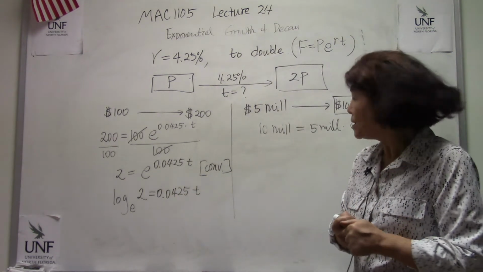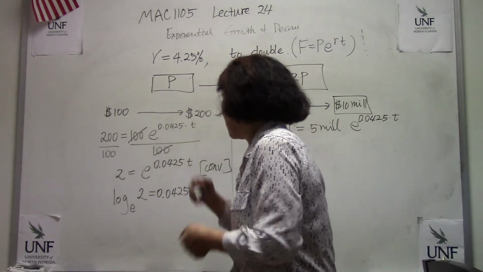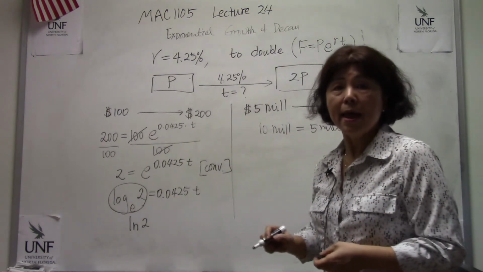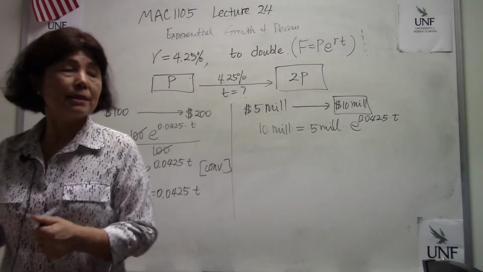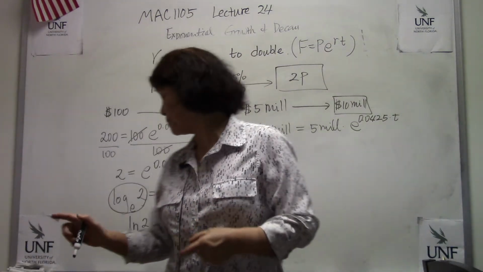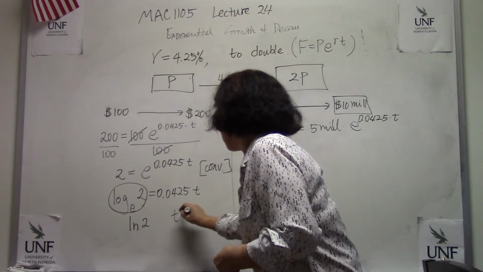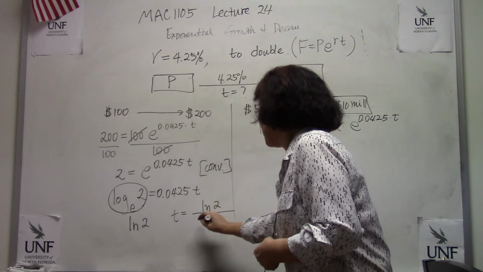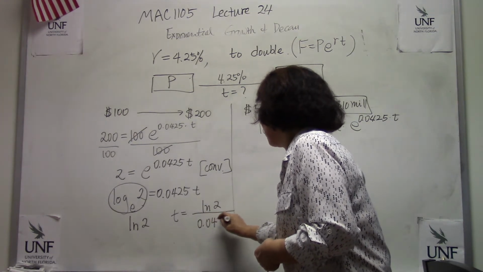So what do you call this? Log 2 base e, that is ln 2. Okay? ln 2. So T equals ln 2 divided by 0.0425.